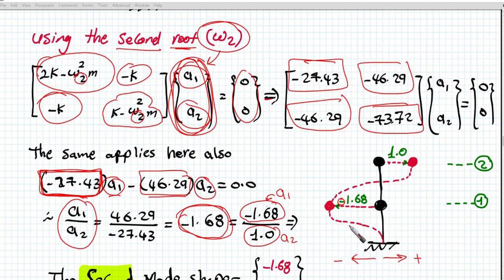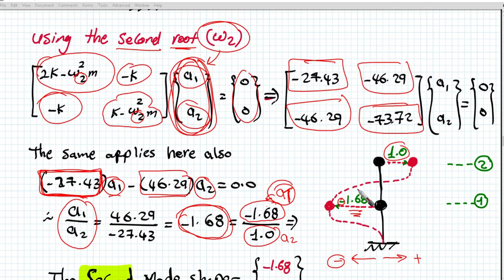So if A1 equals minus 1.68, this means that it is going to the left by 1.68. And A2, which is 1, is going to the right. So the deformed shape is going to be like, as you can see here.